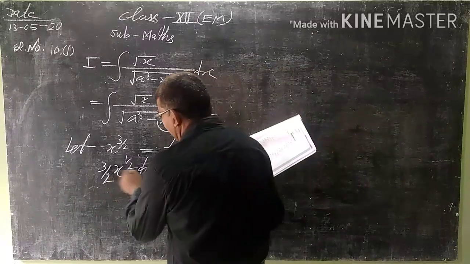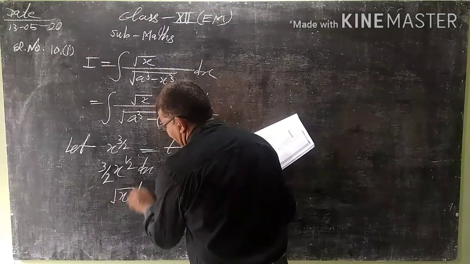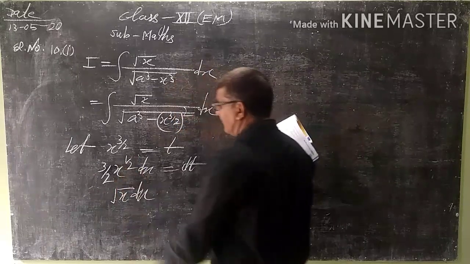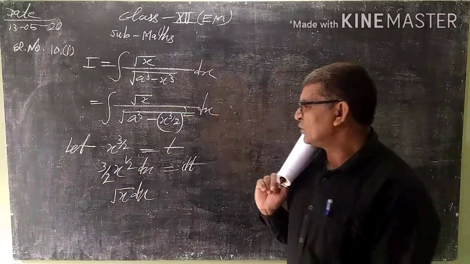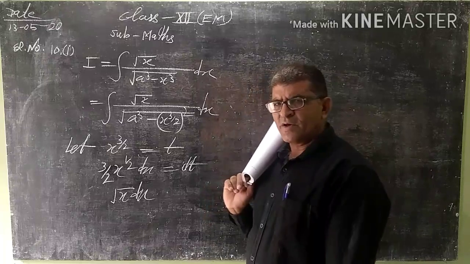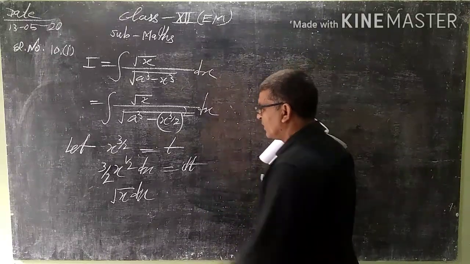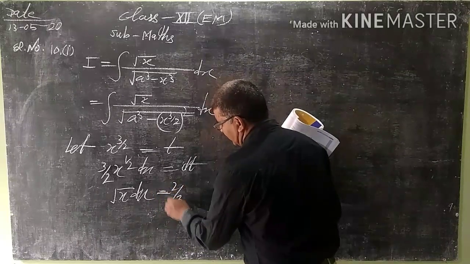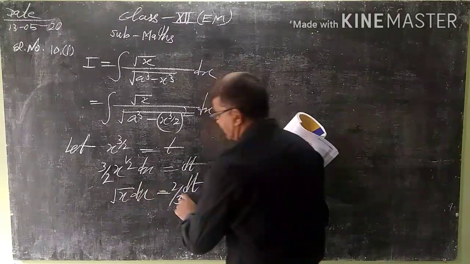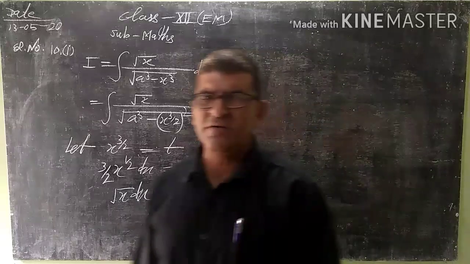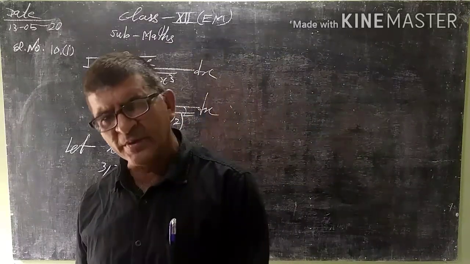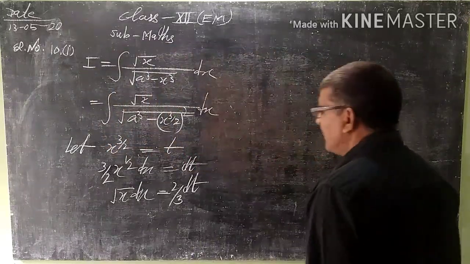We can write it as under root x dx equal to 2 upon 3 dt, because it will be changed. Numerator will be denominator and denominator will be numerator.